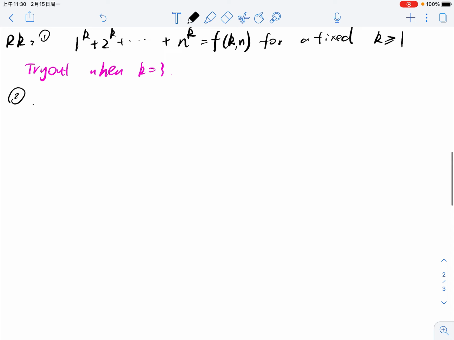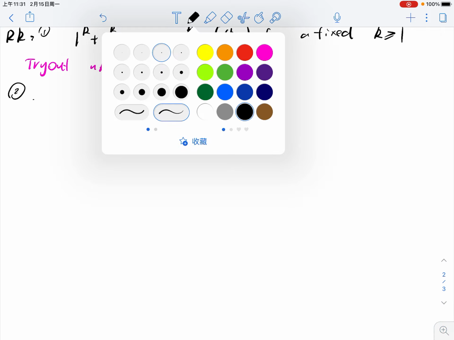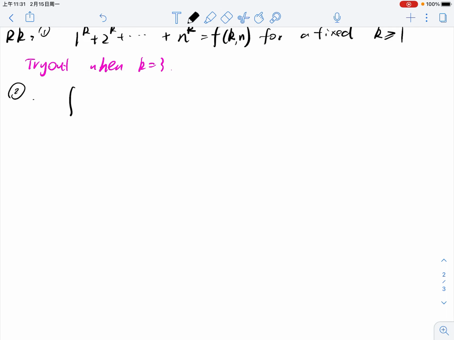Secondly, I think this formula was known to ancient Greek people many thousand years ago, because at that time they already knew how to calculate something equivalent to the integral. For example, they knew how to calculate the integral from 0 to 1 of x squared dx.